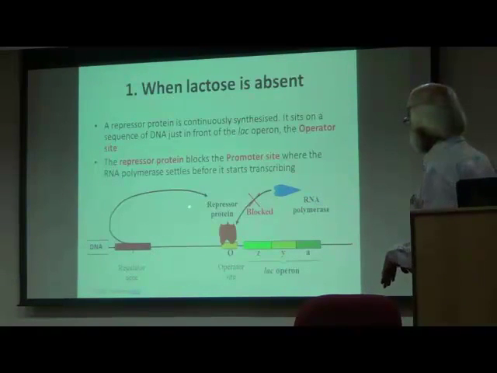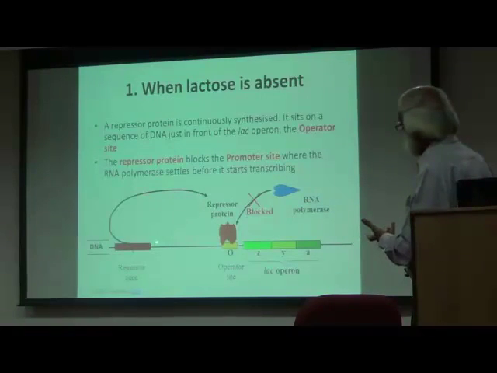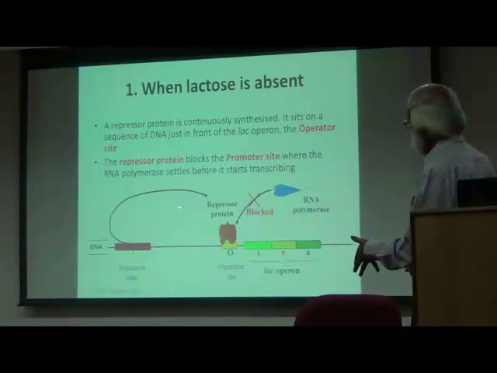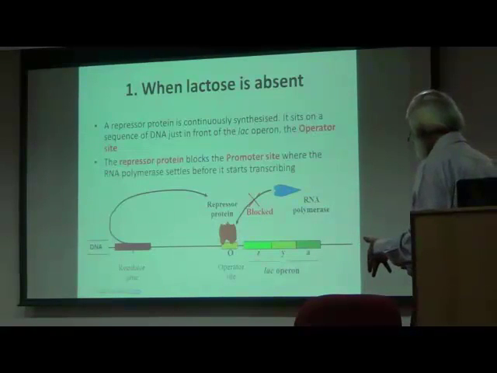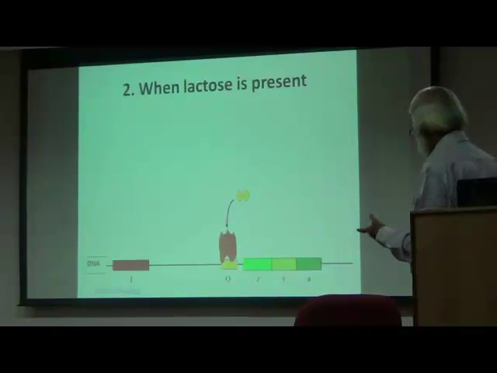But if you add a sugar like lactose, it will reverse the effect of the inhibitor, and therefore this will not be blocked, and now all these genes will be made. The switch is on.